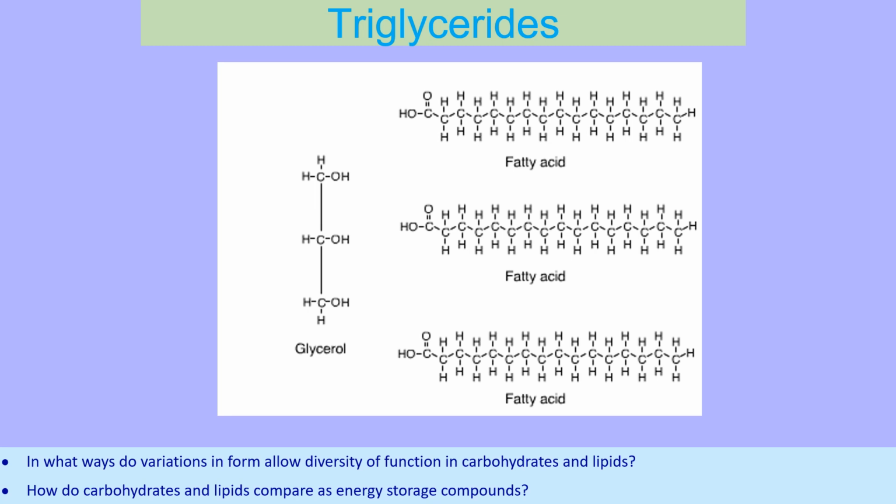So this is what we have then, where it's going to bond. As I said before, you've got the OH groups, or the hydroxyl groups, on this side of the glycerol, and they're going to react here. We're going to have a reaction between this OH group and this OH group, and then this one and that one, which will take an H2O away in a condensation reaction to leave water.